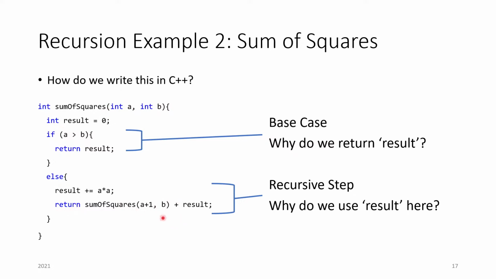And in our recursion, we need to make sure that this result is added in order to keep track of it. If you do not add that, when you return, it's going to be the last step, so it will end up just being b squared, because you are no longer keeping track of this result at every recursive step.